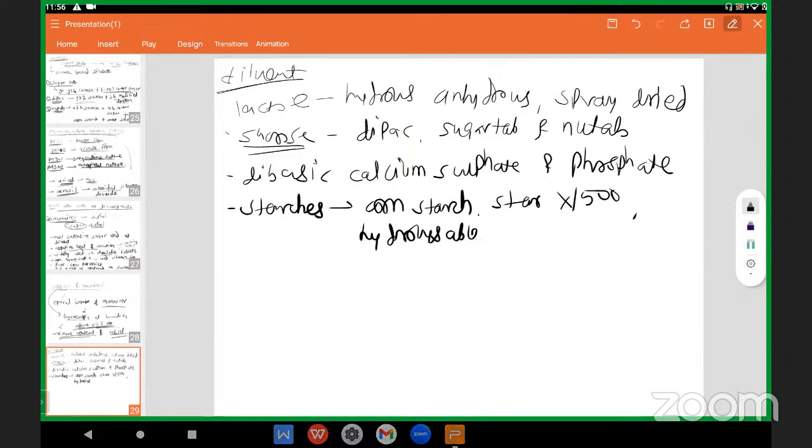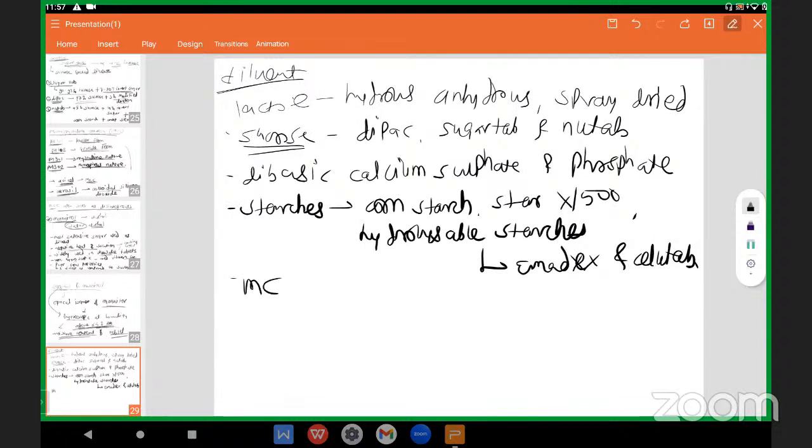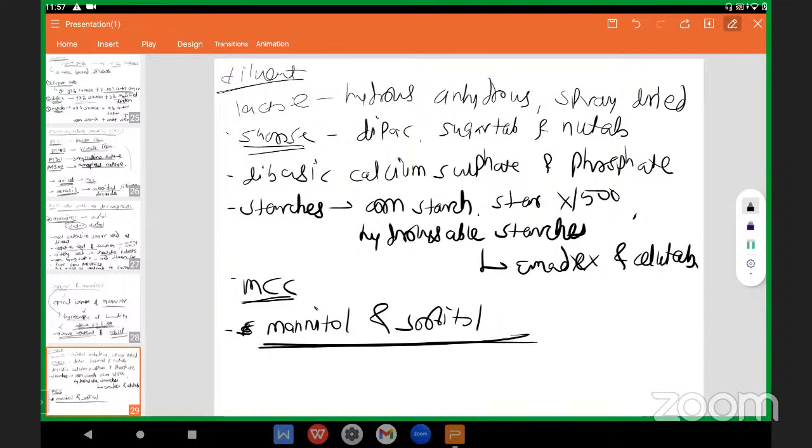What are the examples of hydrolyzable starches? That is Emdex and Celutab we've seen. Then we have also covered the Avicel that we call MCC, and then we have also seen the mannitol and sorbitol too. Okay, so these are some of the famous examples that we use as a diluent. Clear this point? Yes, sir.